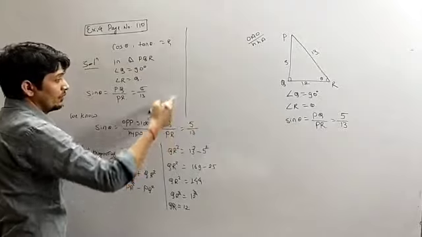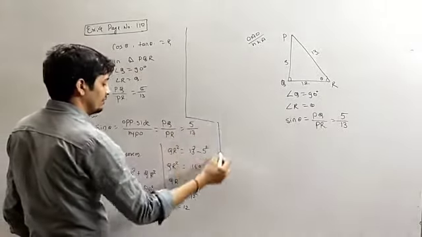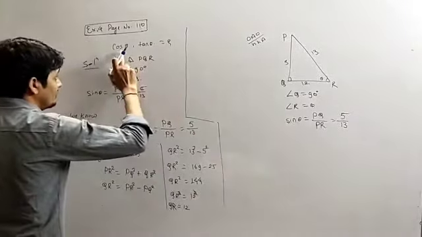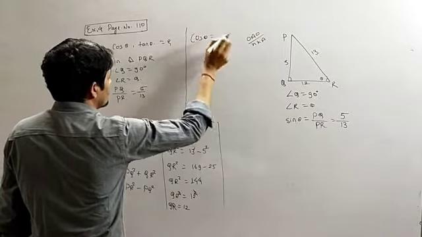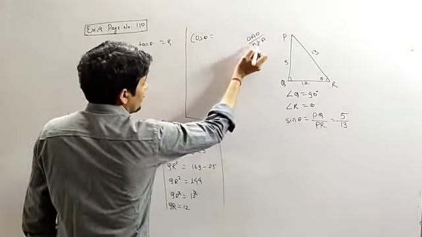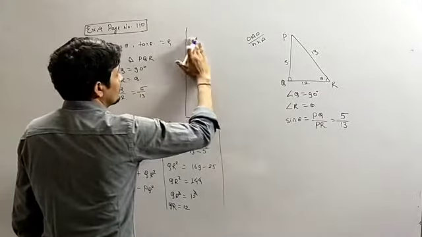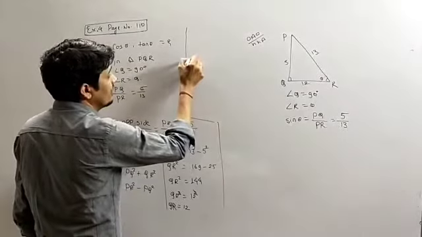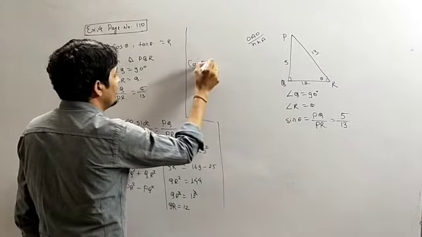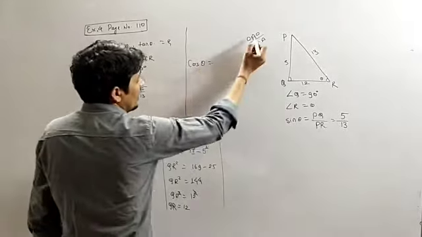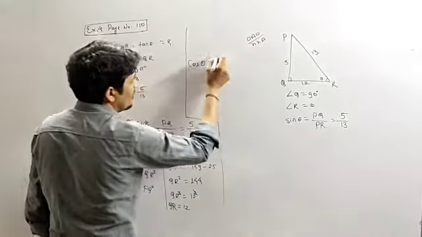So we are going to solve here. Cos theta equals, what is cos theta? It is adjacent side divided by hypotenuse.